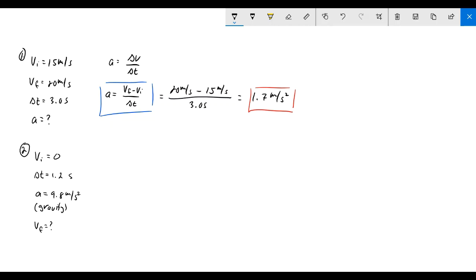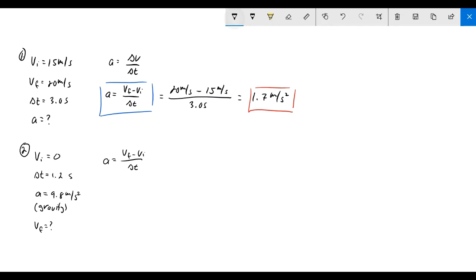If we take the equation that we have in the first part in the box over here, we start from this: a equals final minus initial velocity divided by time. This is a good starting place if we need to use some algebra to rearrange this, because for this problem, our unknown variable is final velocity. So we want this to also read vf equals.